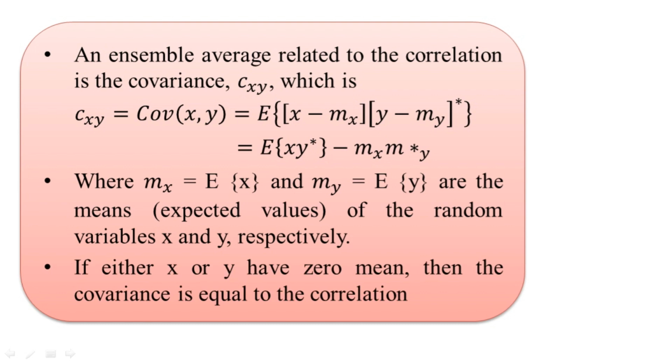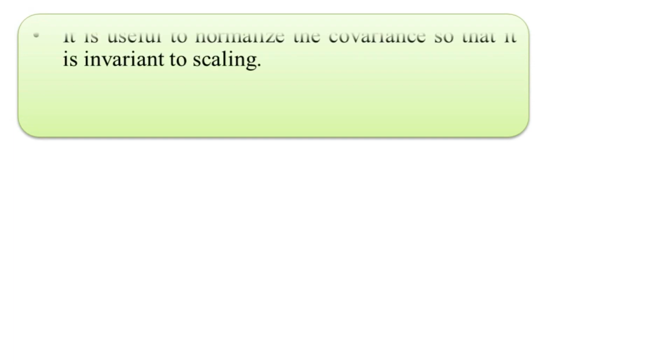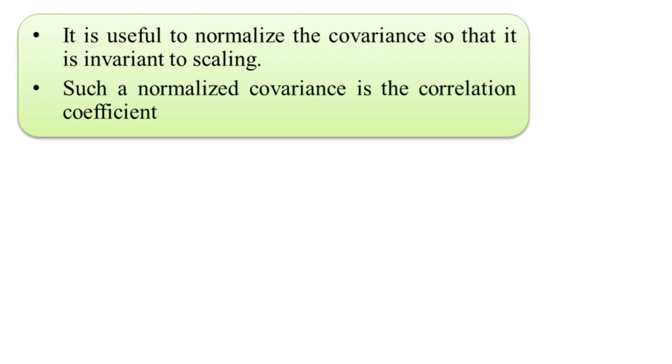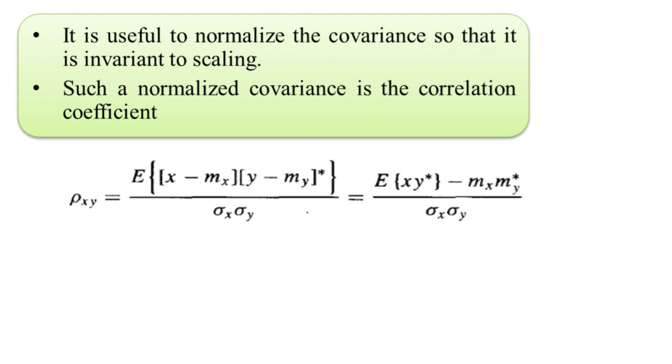Now we shall move forward to utilize the covariance formulation in practical cases. It is quite convenient to have a normalization of the covariance. The normalization offers the advantage of invariance to scaling, so the scaling can be limited to a maximum value of 1, which is more convenient. The normalized representation of the covariance gives rise to a new coefficient, known as the correlation coefficient, generally represented as rho suffix xy.